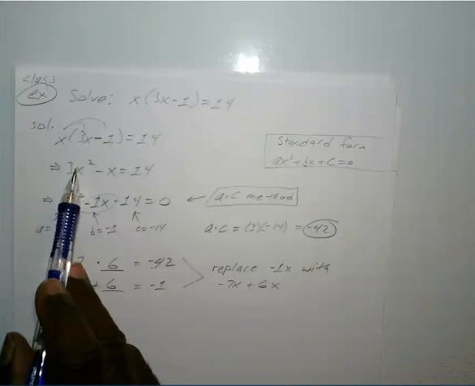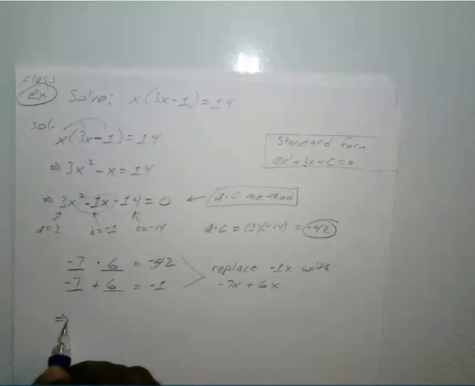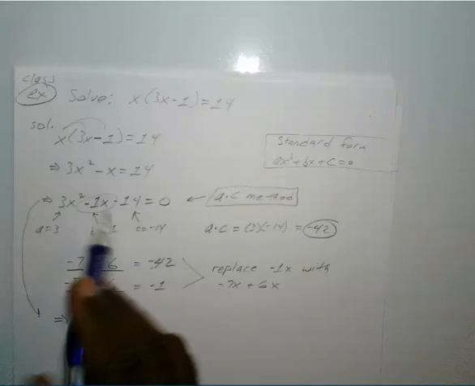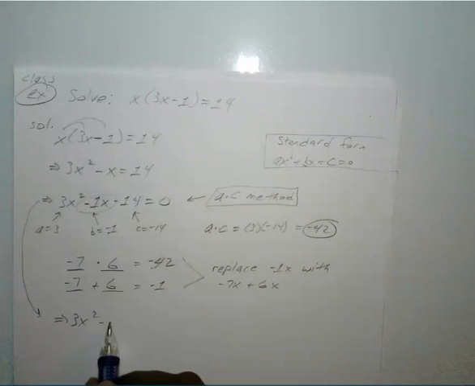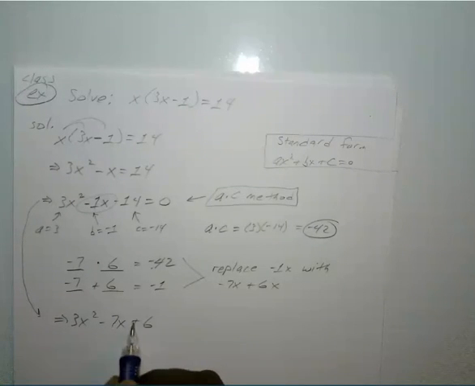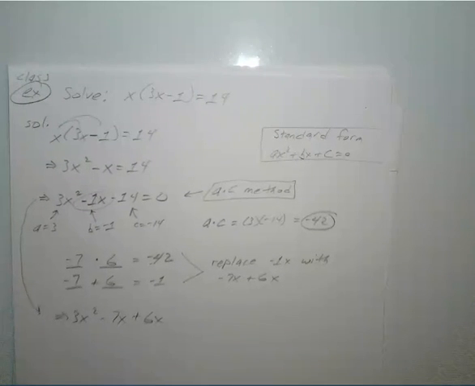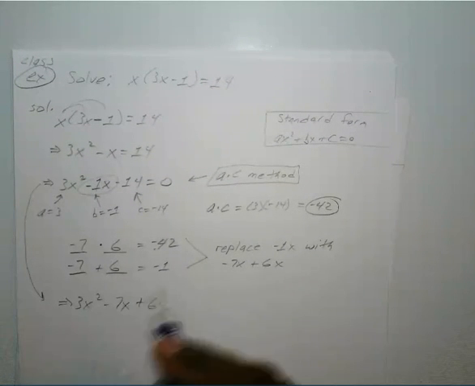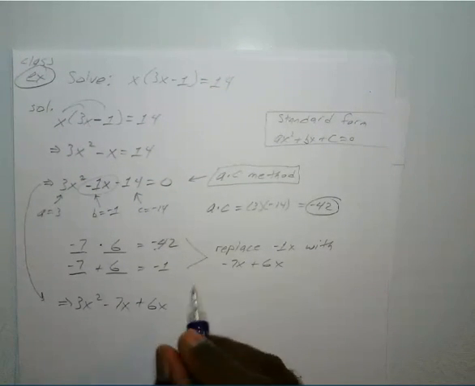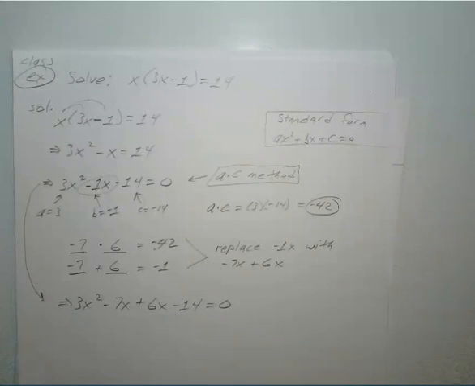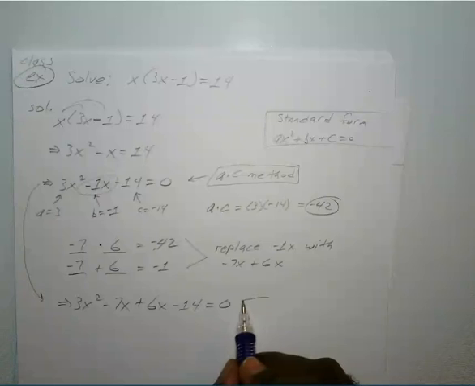Okay, so 3x squared, and instead of minus 1x, we have minus 7x plus 6x. Or you can put plus 6x minus 7x. Both would work. Minus 14 equals 0. Okay. So now, you remember you do your factor by grouping.